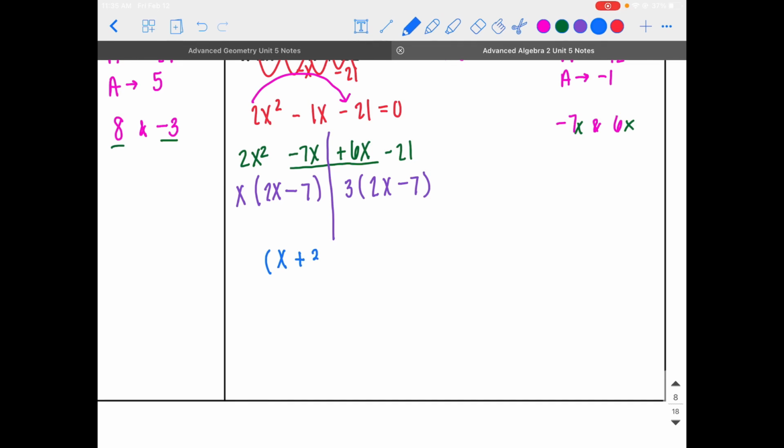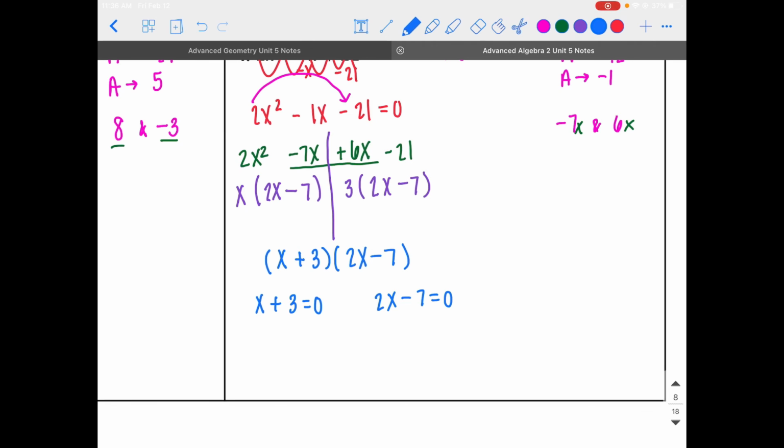So my factors are x plus 3 and 2x minus 7. Set each of those equal to 0. Oops. X plus 3 equals 0, and 2x minus 7 equals 0.